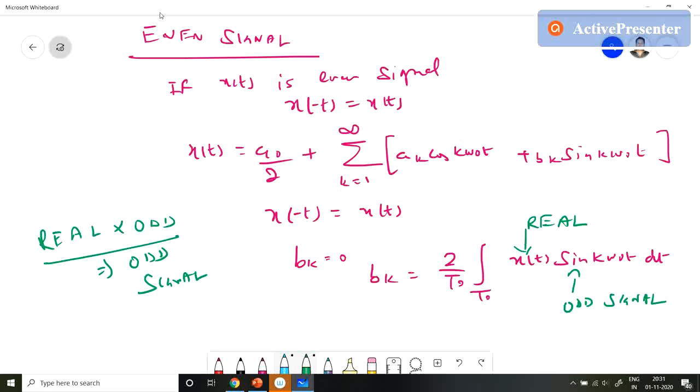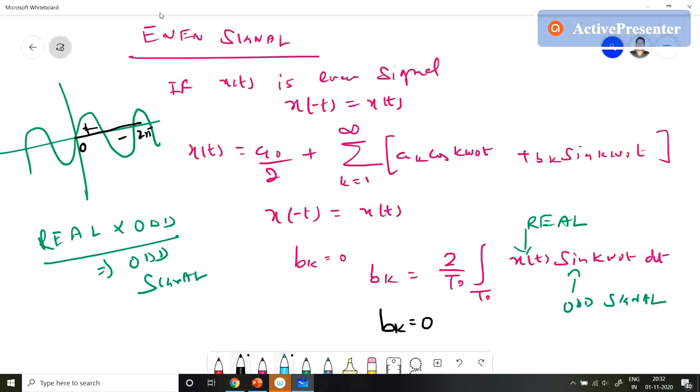Now if we integrate any odd signal, let this sine signal be our odd signal, across the period from 0 to 2 pi, then the plus area and minus area will cancel out. So bk will be equal to 0. If x(t) is an even signal, then bk is equal to 0.